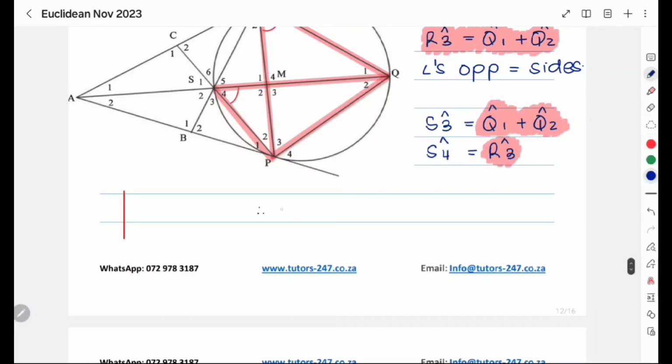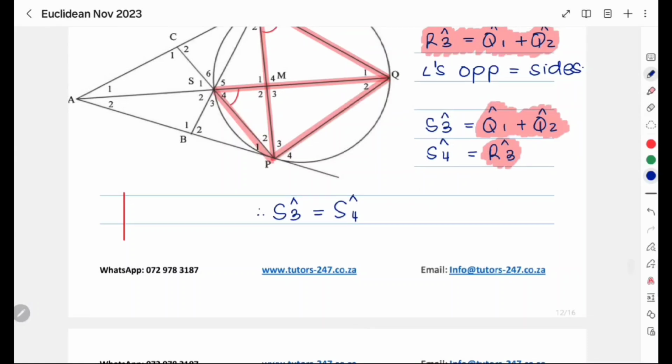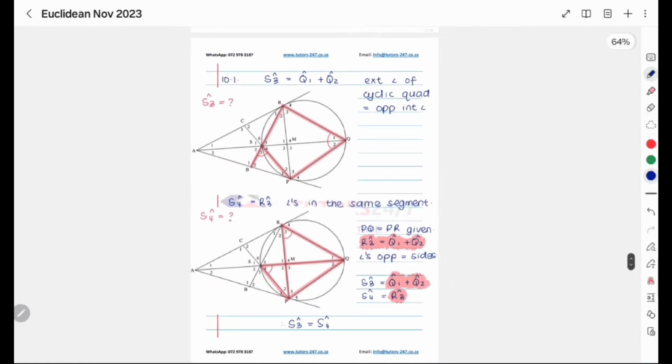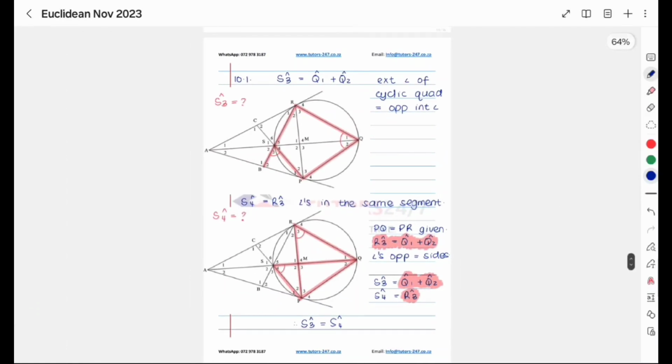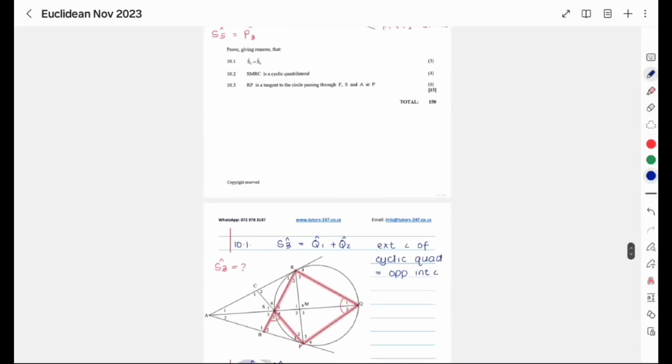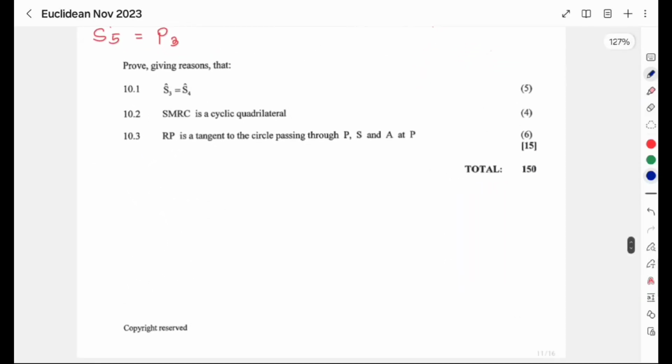So here we are going to conclude, therefore S3 is equal to S4. And that is it. We have calculated question 10.1. We have proved that S3 is equal to S4. All you need to do is identify what the angles are equal to on their own and then find a way to connect them.